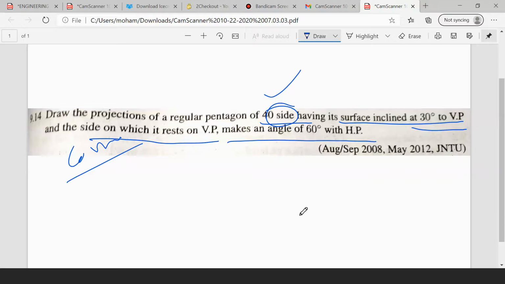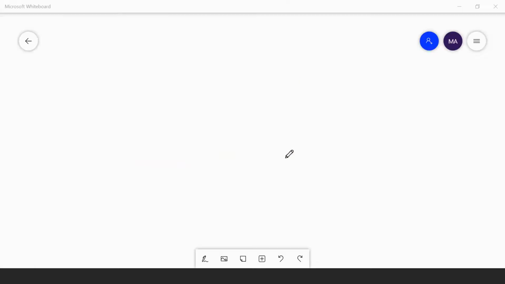Draw the projection of a regular pentagon of 40 mm side. Is it clear? He has given the side as 40 mm, having its surface inclined at 30 degrees to VP, and the side on which it rests on VP makes an angle of 60 degrees to HP.